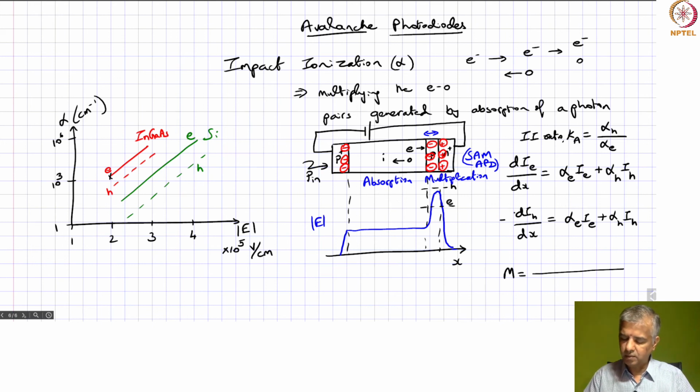If you work out these rate equations with the boundary conditions and all, you come up with an expression like this, which is given by M equal to (1 minus Ka) divided by the exponential of minus (1 minus Ka) multiplied by alpha E Wm, minus Ka.